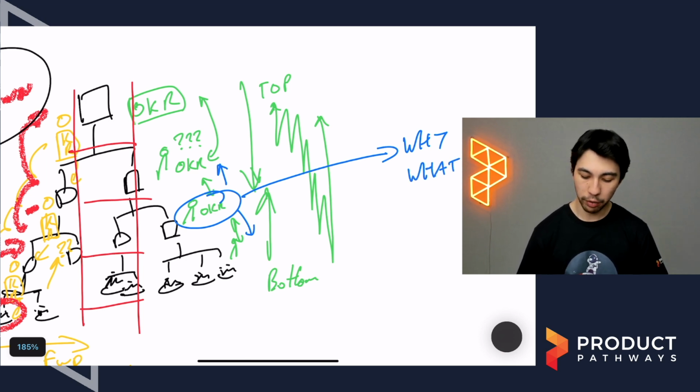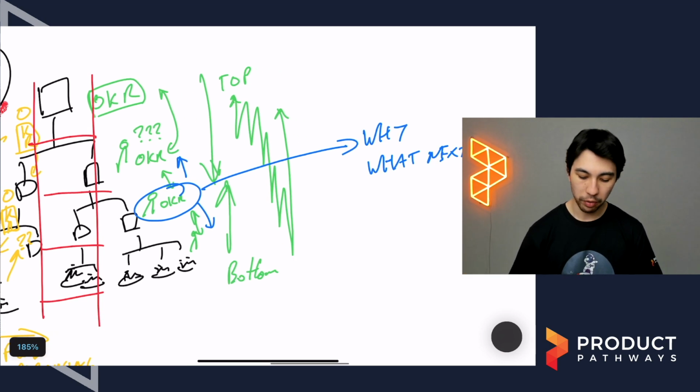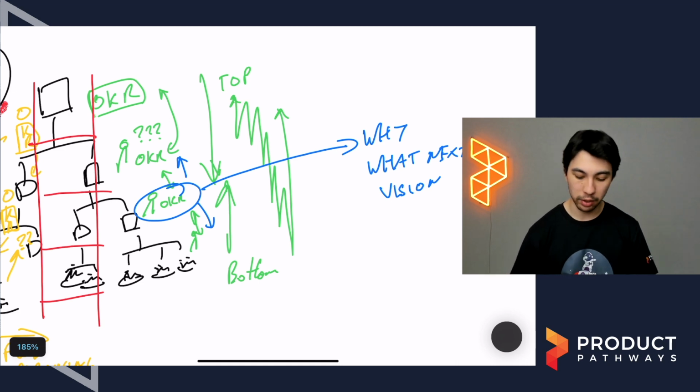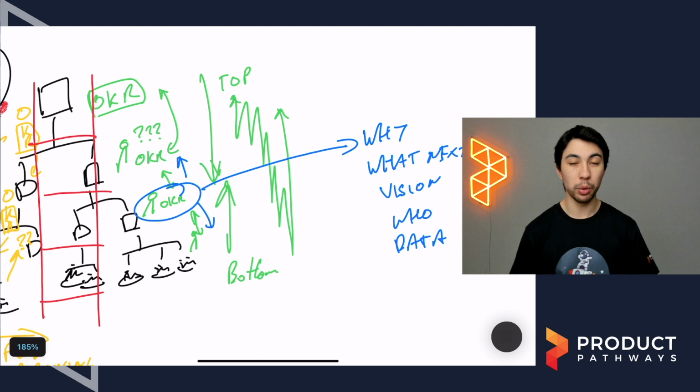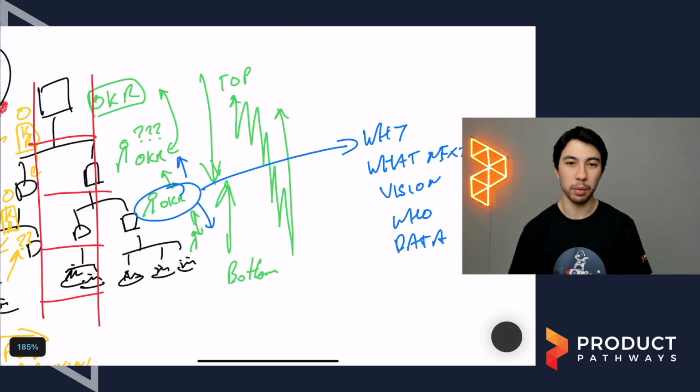What's next? If we achieve that, what is it building towards? What's that higher level, things like vision, what are we going to work on next? Who do we target? What data drove us to decide on those OKRs? What are our competitors doing? All those other types of things.